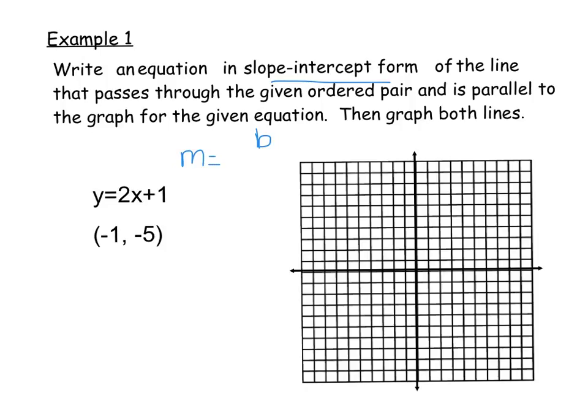Well, if we want a graph that is parallel, parallel lines have the same slope. So I'm going to find my slope, and I know the equation of the new line is also going to have a slope of 2. So this is my original. I'm going to go ahead and graph that.